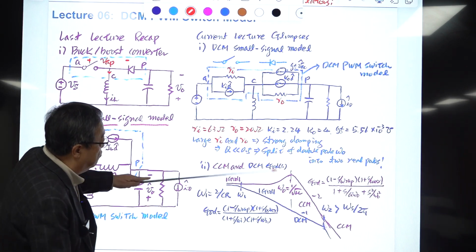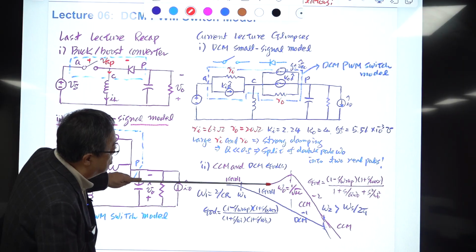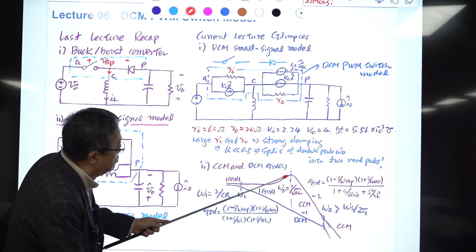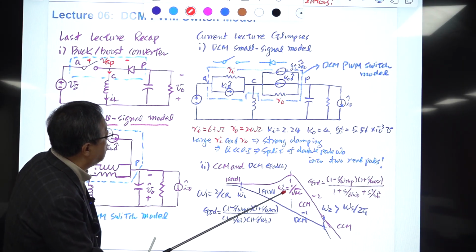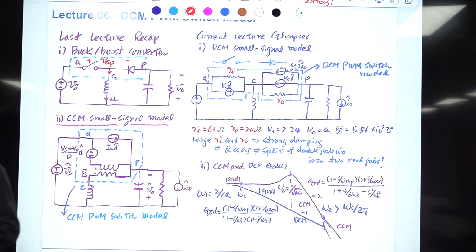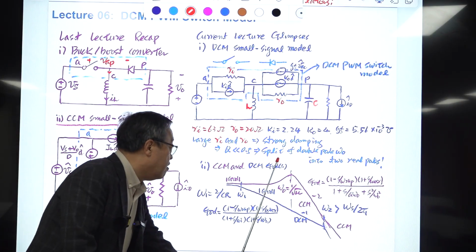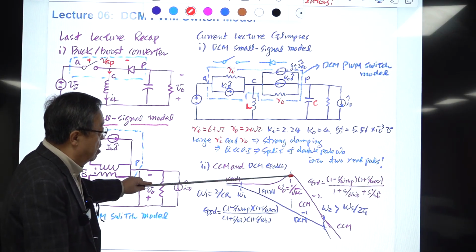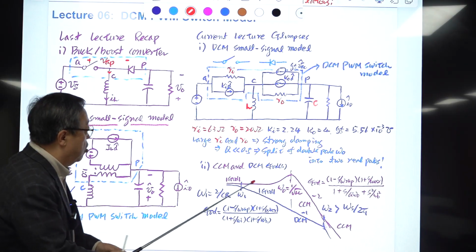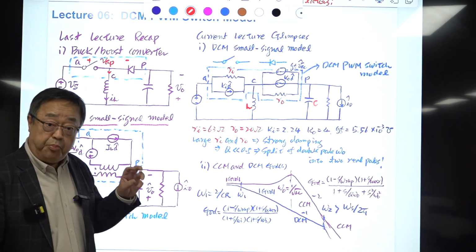So in CCM, for the buck converter, you have a DC gain of Vs, and we have a double pole at the double pole frequency formed by this L and C. Okay, so this omega naught is here. This is the CCM case. But in the DCM, the Q value of this double pole becomes less than 0.5.